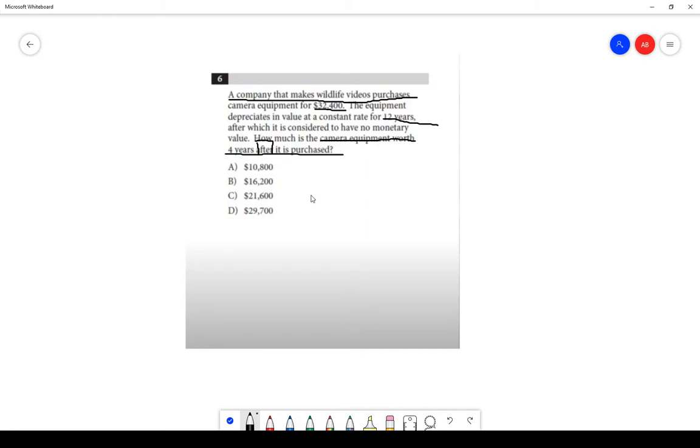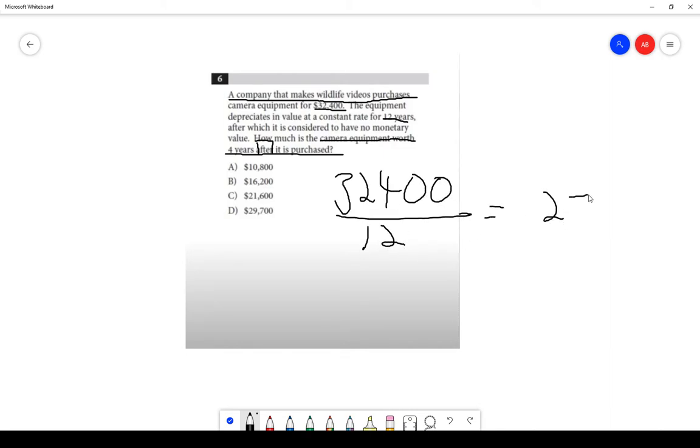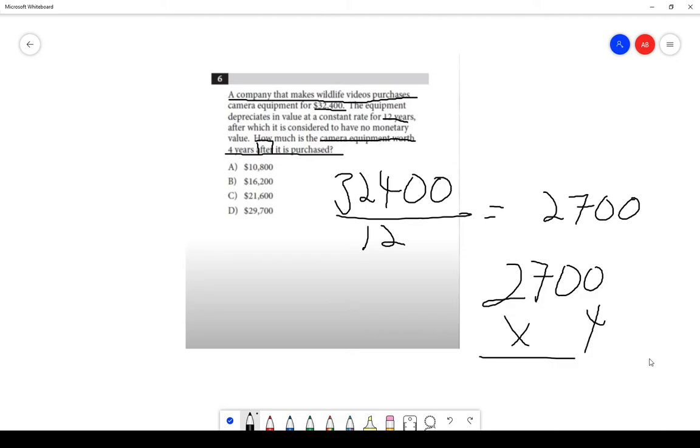And how the average test taker would answer this question is that they would simply divide 32,400 by 12, and you should get 2,700, and they would just simply do 2,700 times 4, in which they would get 10,800, and they would circle A.